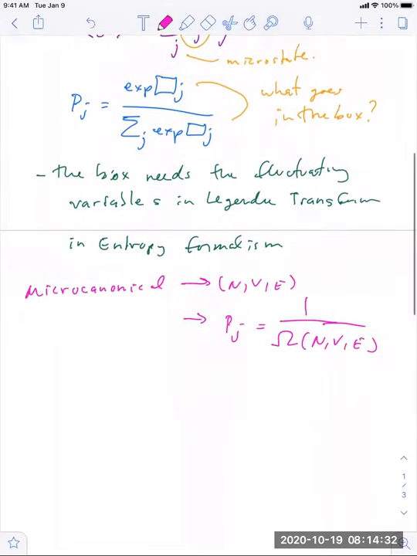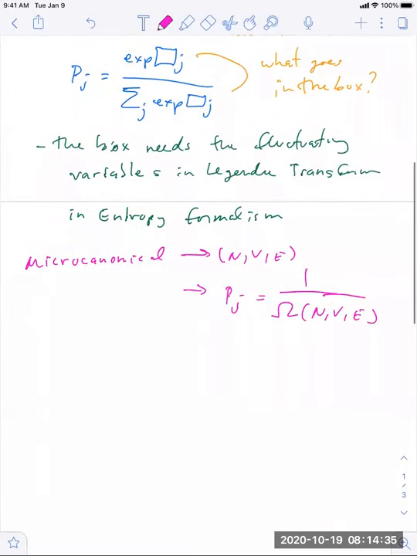So it gets slightly more complicated when we look at other ensembles, but really it's just kind of adding one different exponential term at a time. So canonical is NVT, and so the probability is going to be related to the energy.